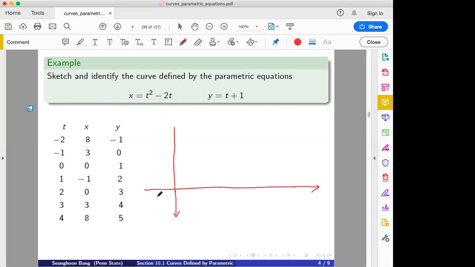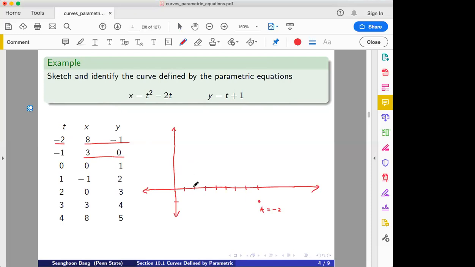You can plot the first one: 8, -1. We have 1, 2, 3, 4, 5, 6, 7, 8. The y value is negative 1. You can plot it here. In this case, what's the t value? t equals negative 2. It's better to write this.